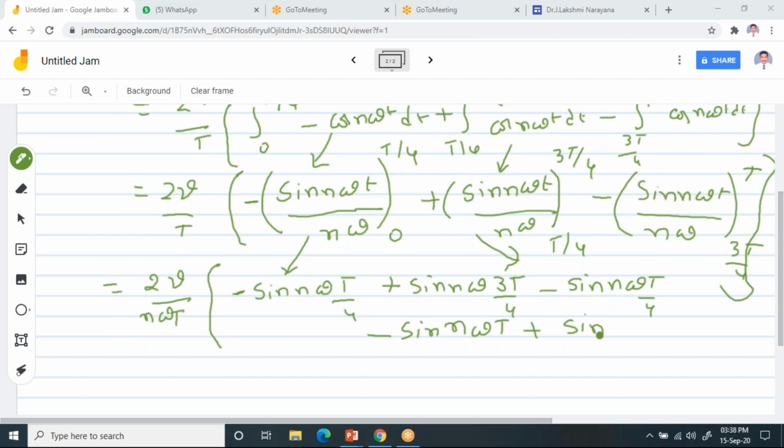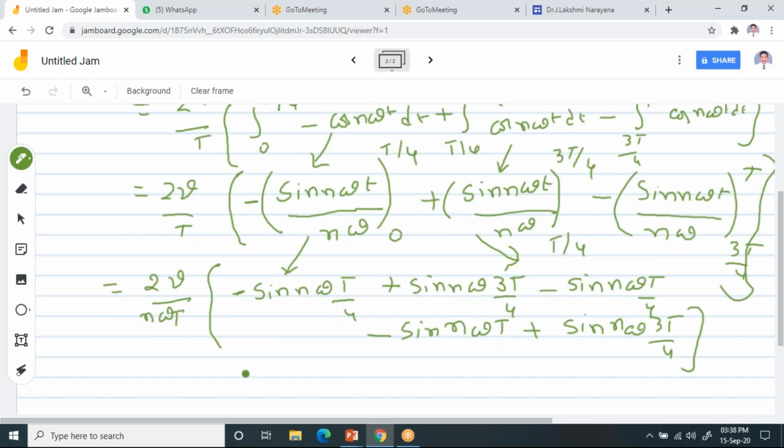Now I'm going to apply the limits for the third part of the integration, which is sine n omega. Now you are applying the lower limit, which is minus, and this minus becomes plus. So sine n omega t into 3T by 4. Please try to understand. Here I have sine n omega T by 4.